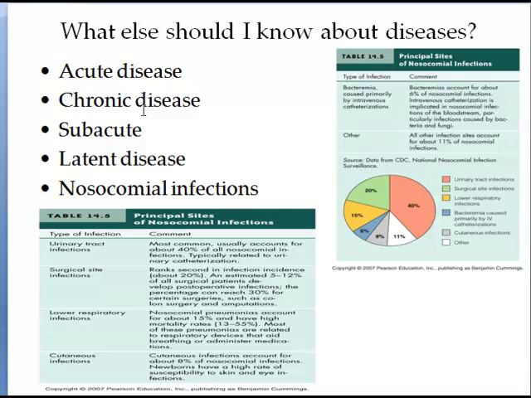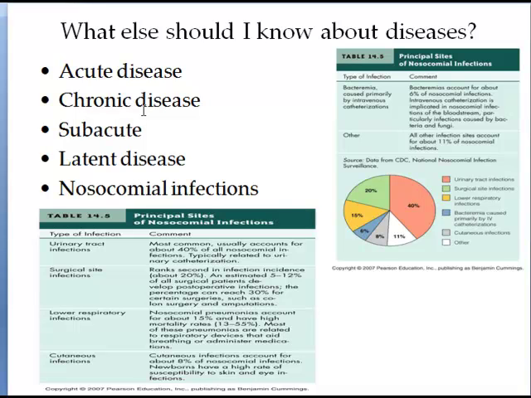A disease that is intermediate between acute and chronic is called a subacute disease. An example of a subacute disease could be subacute sclerosing panencephalitis, which is a very unusual brain disease characterized by diminished intellectual function or loss of nervous activity.